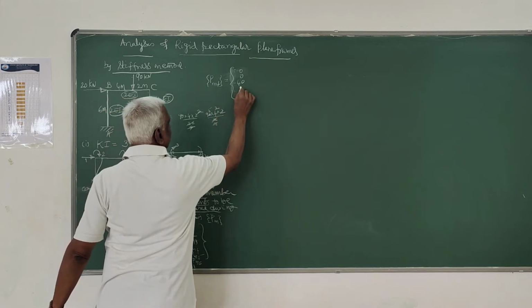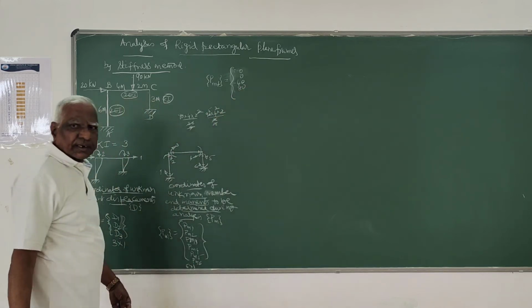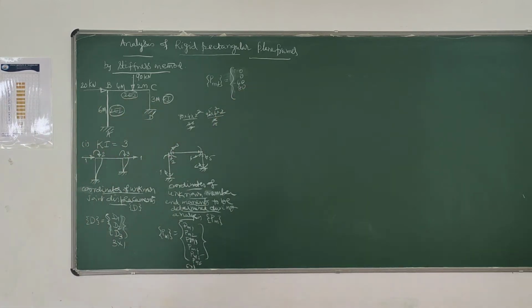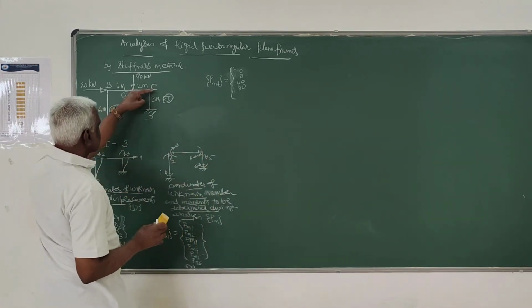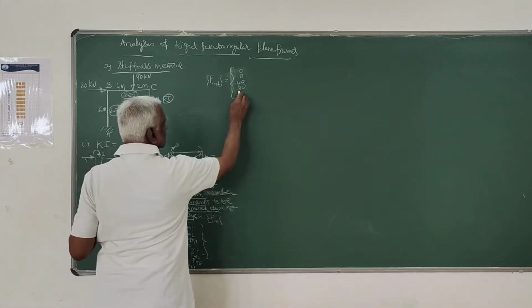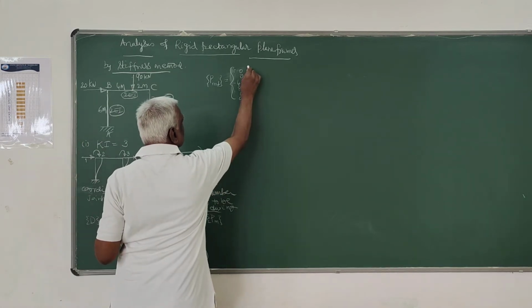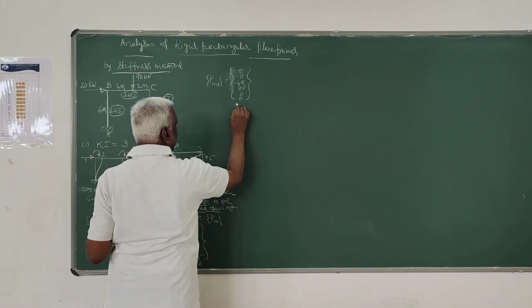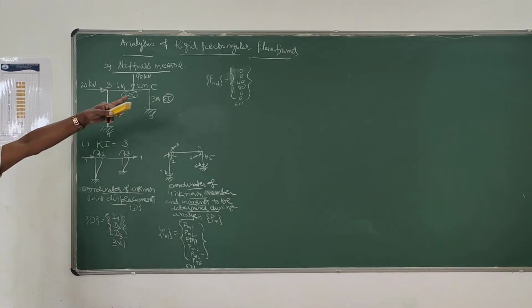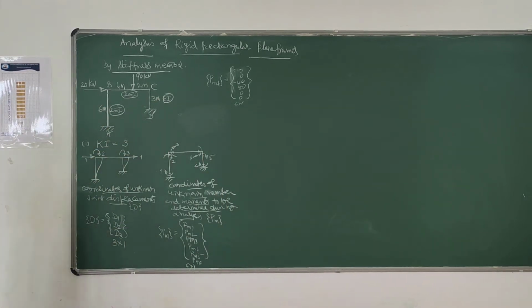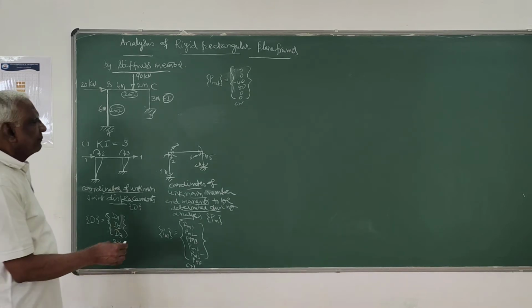This is 80. We are getting that as 80. Then corresponding to 5 and 6, there is no member loading, so it is 0, 0. This is again a 6 by 1 matrix, that is PMF corresponding to fixed end moments.